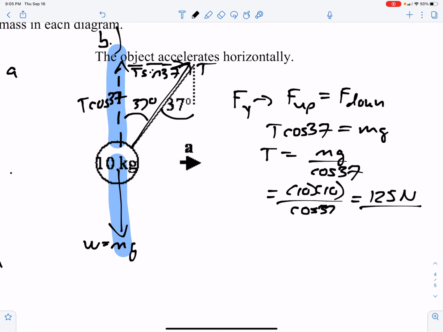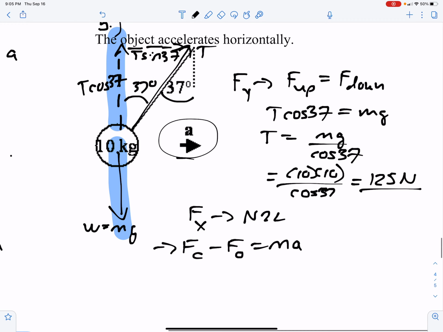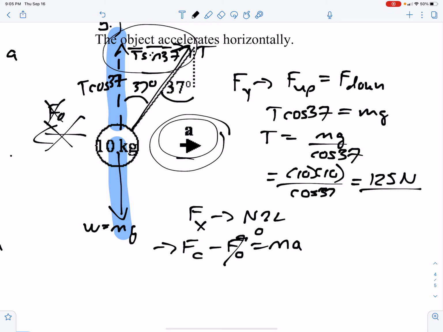It's helpful to find tension first because now horizontally speaking, in the x direction, we have to use Newton's second law because we're accelerating. And so causing force minus opposing force equals mass times that acceleration. Now there is nothing going to the left, so there is no opposing force. But there is a causing force, and that would be T sine 37.